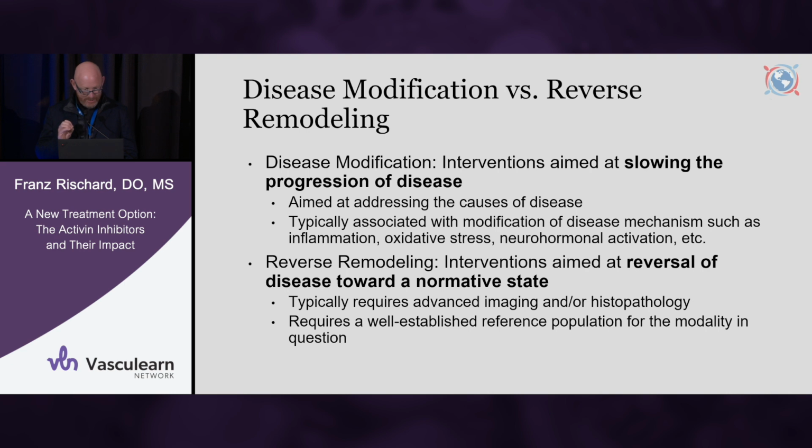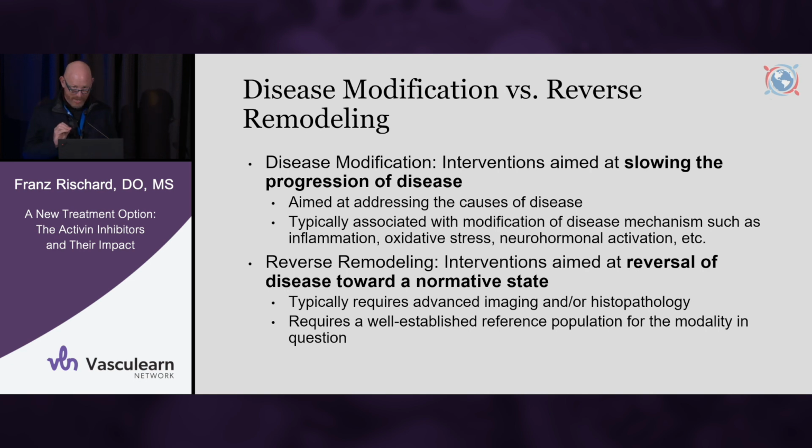Disease modification is slowing the disease, but not just through sort of surrogate markers, but addressing the causative factors regarding the disease. So, for example, in the world of heart failure, we all know that goal-directed therapy can not only modify disease, but also potentially reverse remodel the heart.